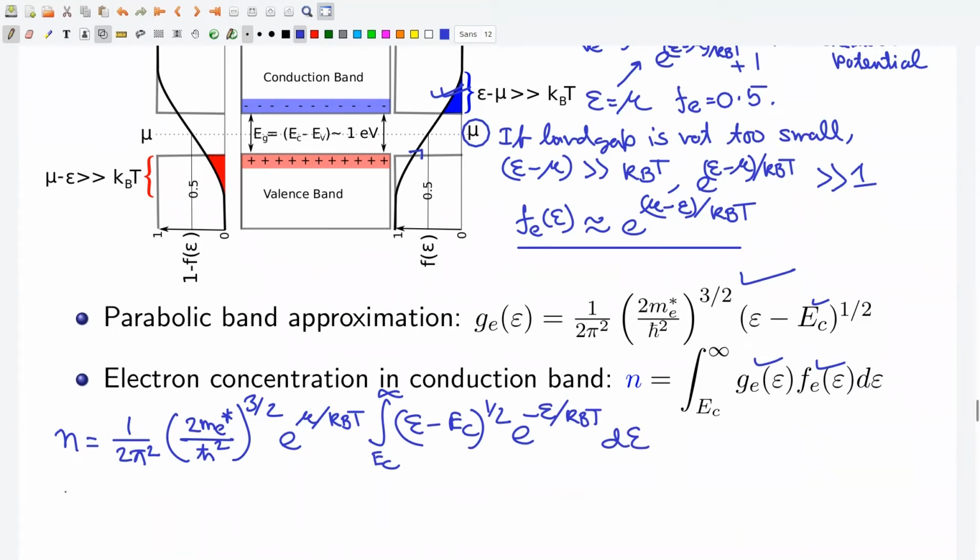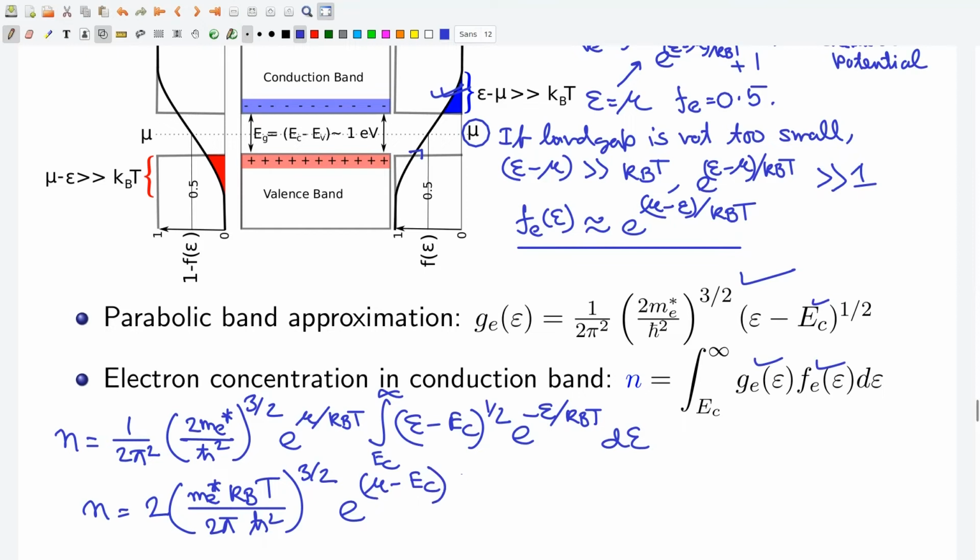Evaluating this integral, we get n equal to 2 times (m_e star kBT divided by 2 pi h bar square) whole power 3 by 2 e power (mu minus EC) divided by kBT.